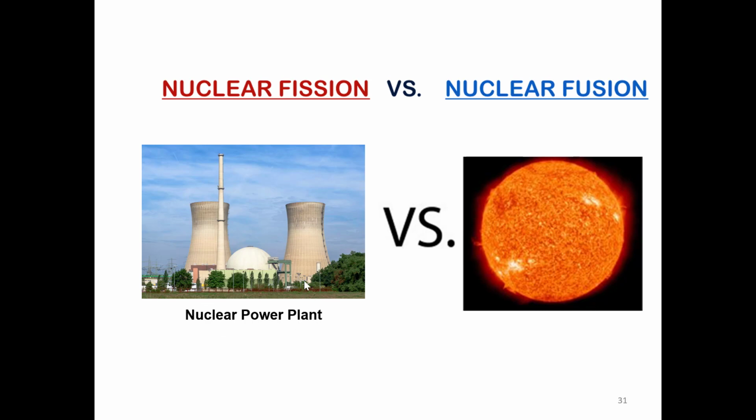A nuclear power plant is a thermal power station in which the source of energy is obtained from nuclear fission reactions that happen in the nuclear reactor. One example of nuclear fusion is the sun. The energy we receive from our sun is produced by nuclear fusion.